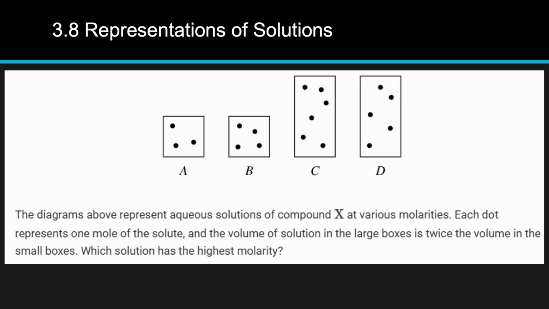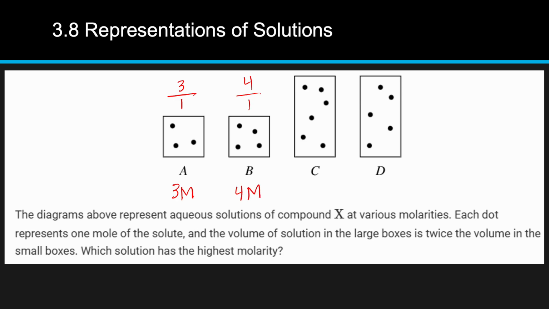So we know molarity is concentration or moles per unit volume. And we can see in A, we have 3 over, let's call it 1 liter. So that's going to give us a concentration of 3. Here we have 4 moles over 1 liter, which is going to give us a concentration of 4.